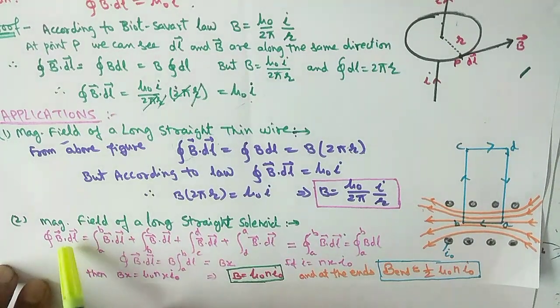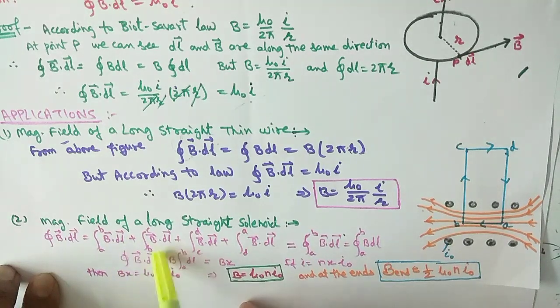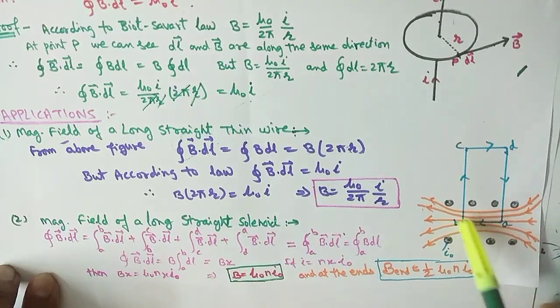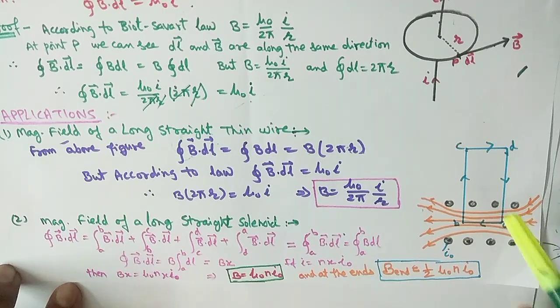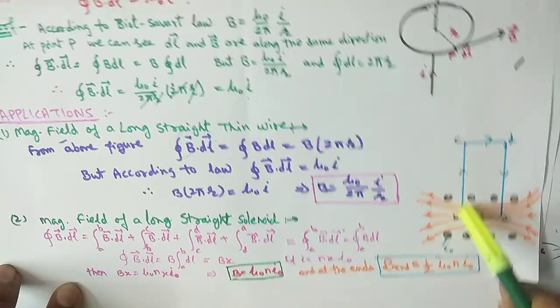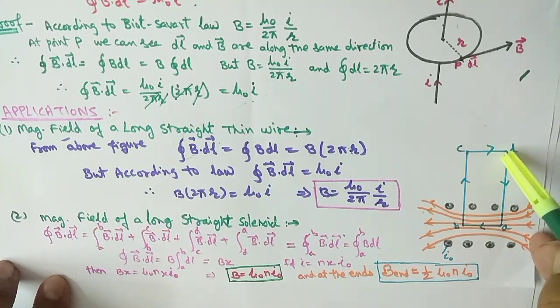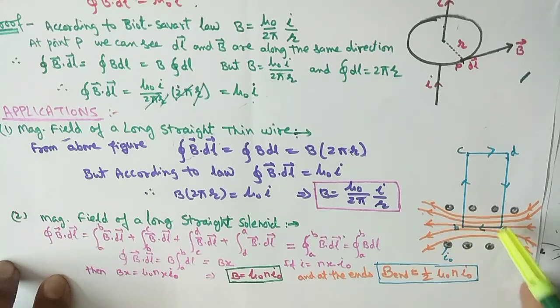If you see this carefully, you can see A to B, dot product of B and dL, plus B to C, then C to D, and from D to A. Now here you can see that B to C and D to A are perpendicular to dL.